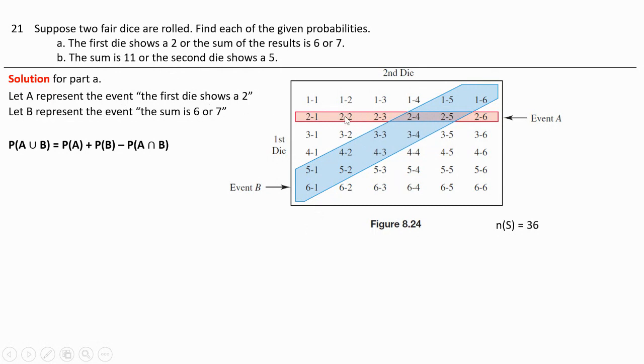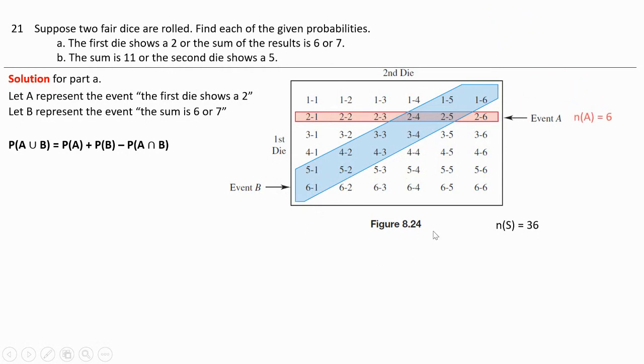All these have a 2 at the beginning. So in red is event A, and event B is in blue, because the sum is 6 or 7. For example, all these across, the sum is 6, and all these across here are 7s.